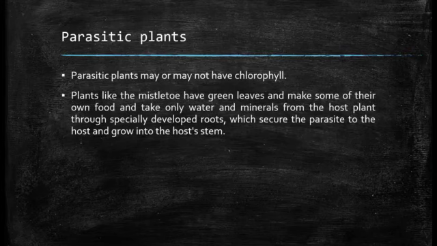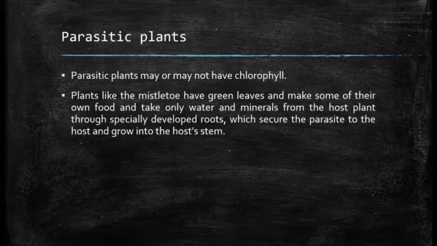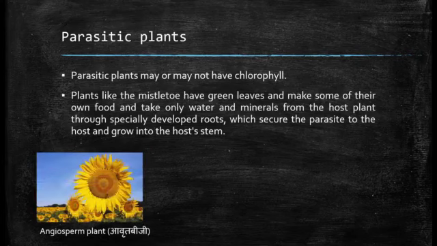Plants like the mistletoe have green leaves and make some of their own food and take only water and minerals from the host plant through specially developed roots which secure the parasite to the host and grow into the host stem. This is one of the parasitic plants. Its name is angiosperm plant.